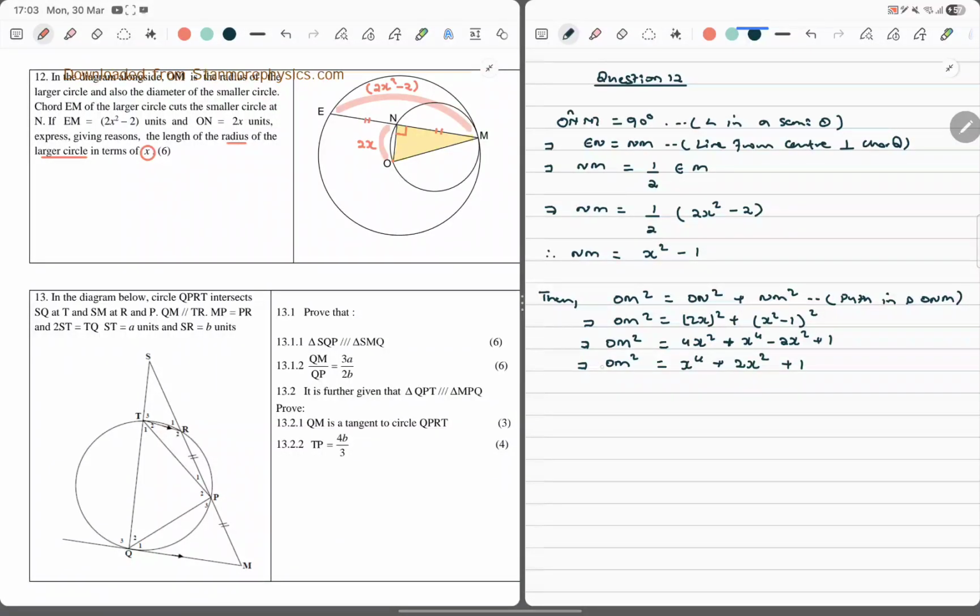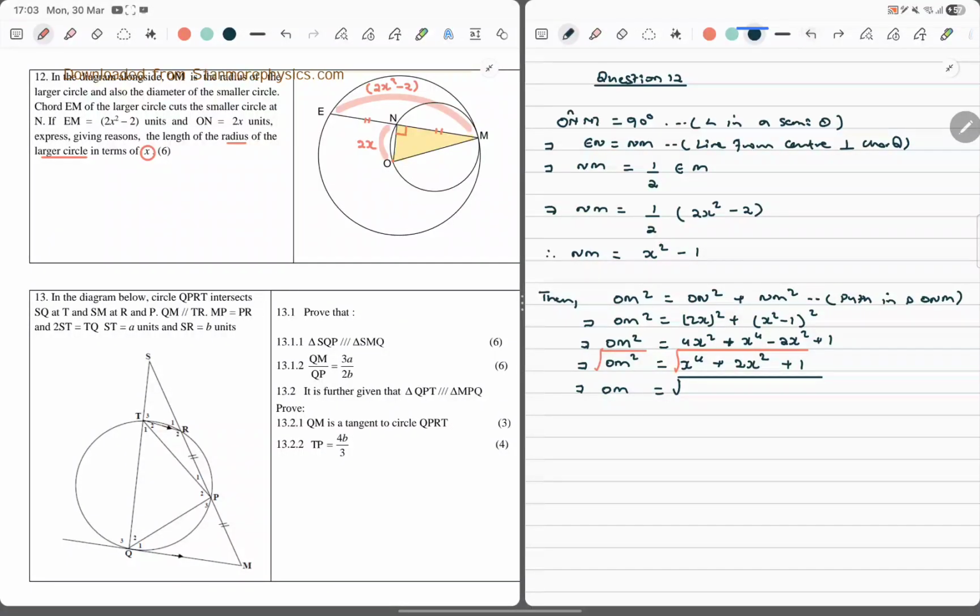Now we want to take the square root on the left hand side, and what we do, we must do it to the right hand side. So this implies that OM is going to be equal to the square root. Now we can see that this can be factorized. And how do we do it? We can do it like so.